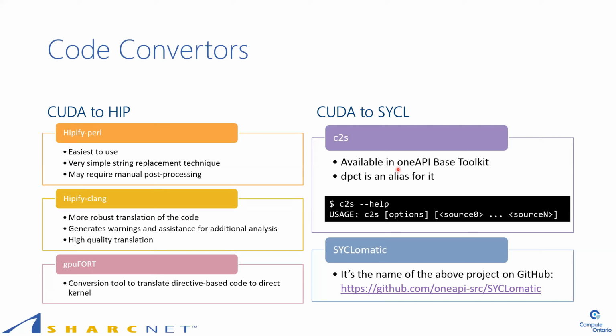And for CUDA to SYCL, you can use C2S, which also has another name and is already included in the oneAPI-based toolkit, which is DPCT. And if you're interested in the source code, it's available under the name SYCLomatic on GitHub.